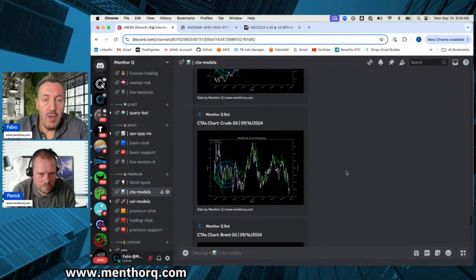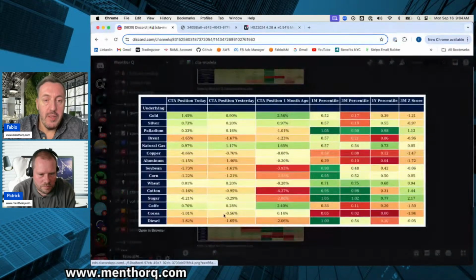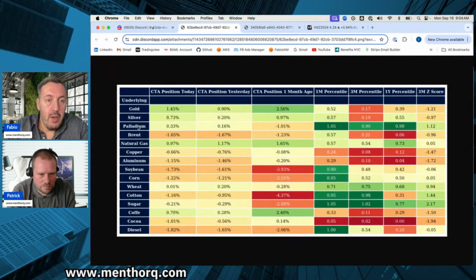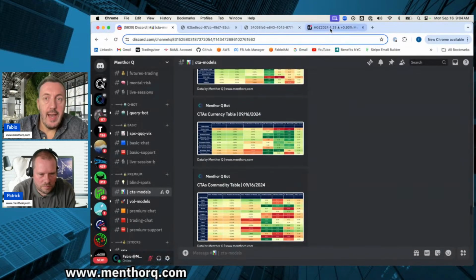We have silver, we have oil, and then we also have our tables. If we look at our commodity table, we can look at our copper right here. You can look at the positioning today versus yesterday versus a month ago, so you can see how things are changing. Very, very useful.